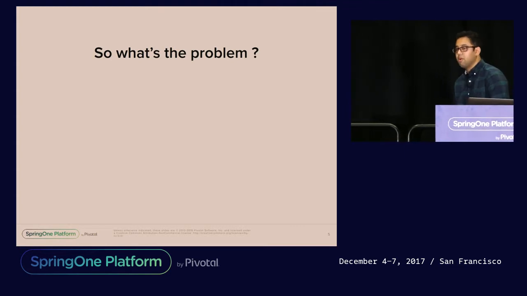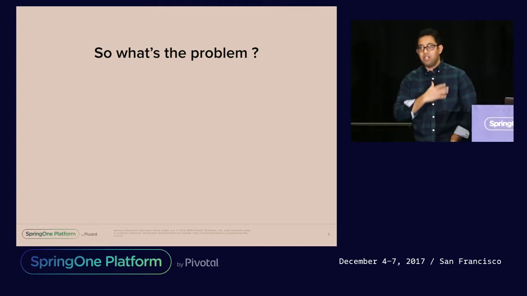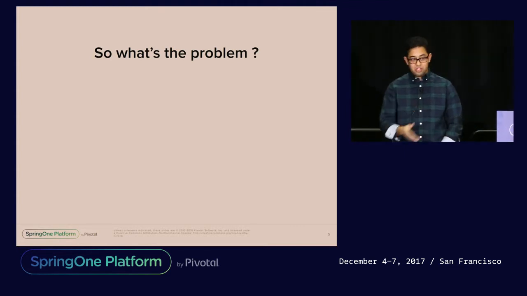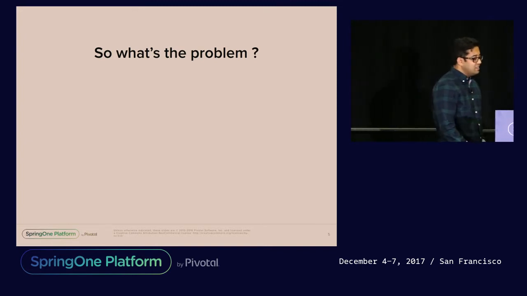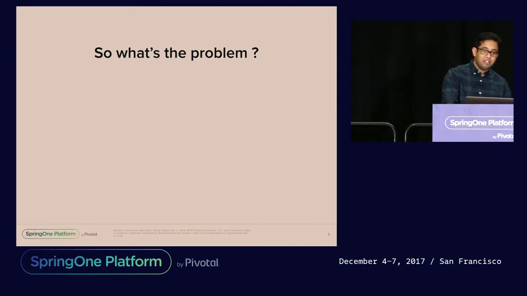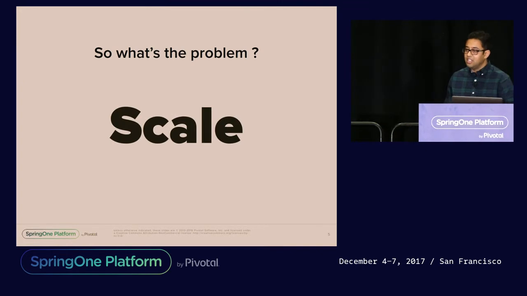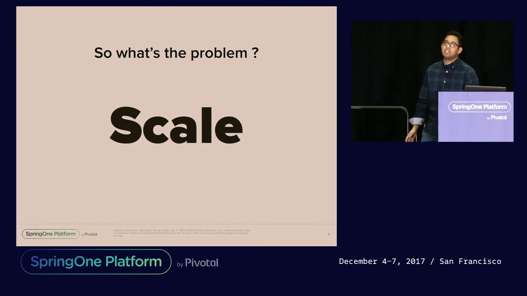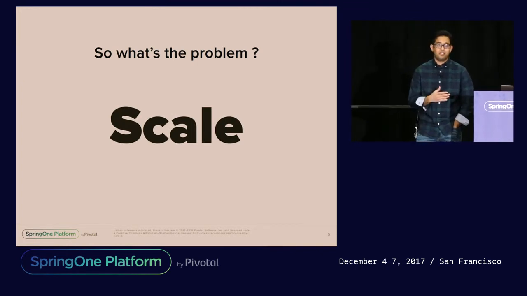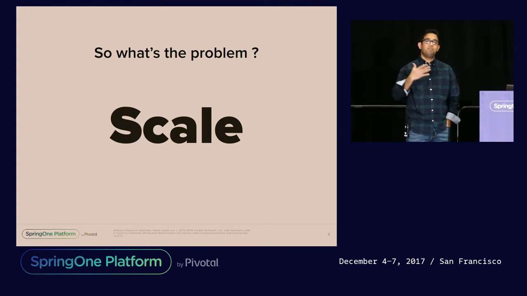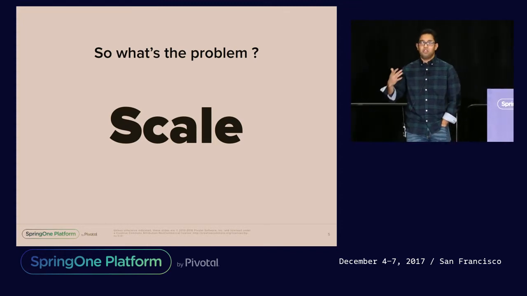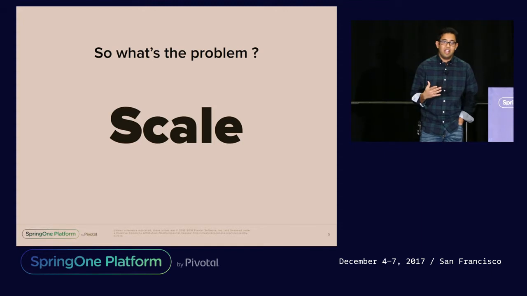So what's the problem? Bring your database, put it as a service. It's all good, right? Not quite. We tried it. We failed. Scale. It doesn't work. If it extends to a certain point, you can't just bring all your databases or your caching products and start scaling.